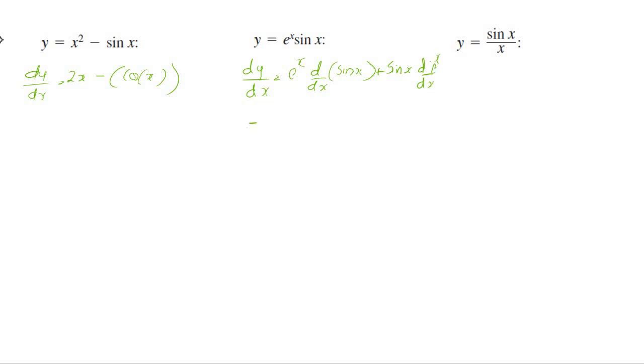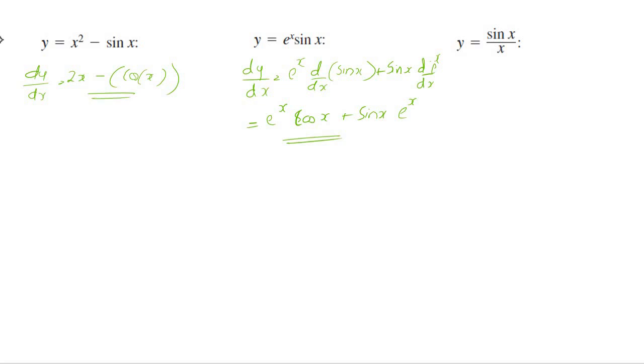So we can start from here. We have e to the power x, and differentiation of sin x is cos x. Plus we write sin x, and differentiation of e to the power x, we know it's just e to the power x. That's the answer to that.